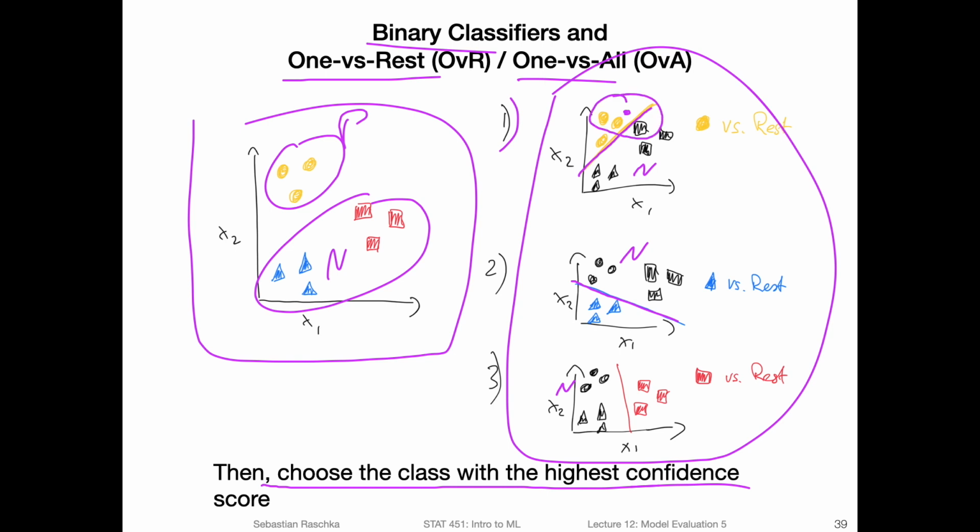So here we have 2 yellow ones over 1 square one. So we will have a 2 out of 3 score in favor of the circle here, because that's the majority here in the neighborhood.